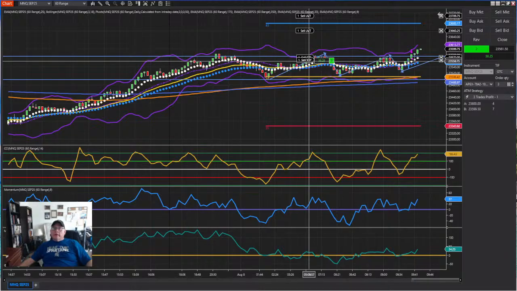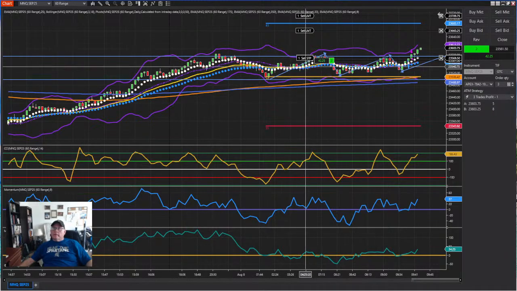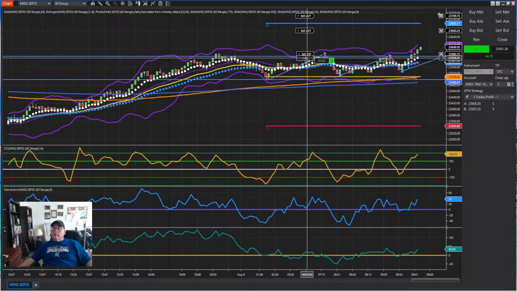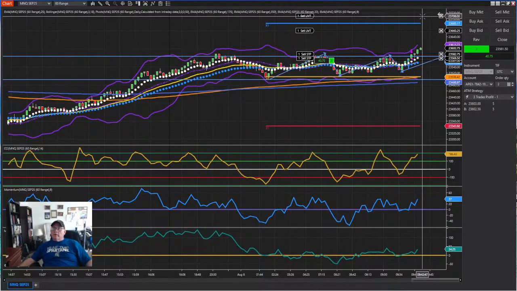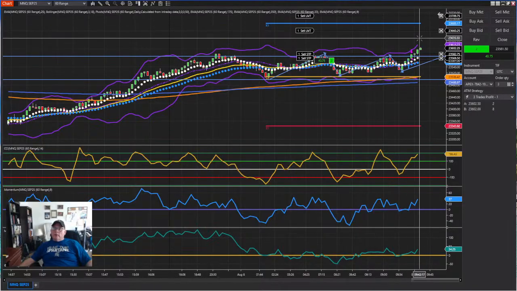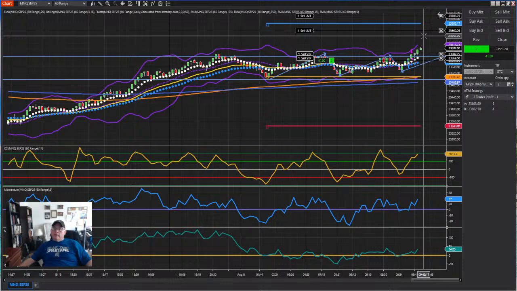Let's move this second contract up a little bit. All right, we're going to go here and protect. So we want to see a move that goes up. 45-degree angles are good. This is where we are right now.